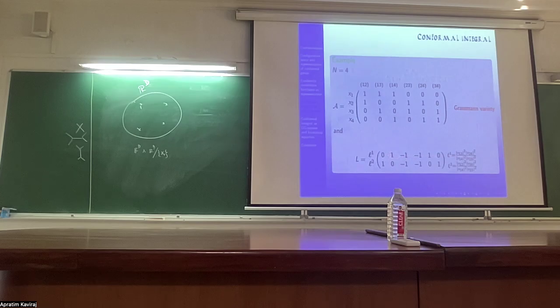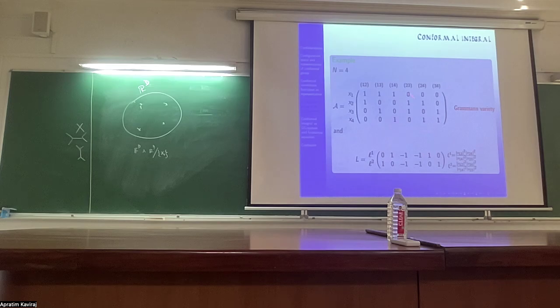L will always have this structure: a certain number of them will be positive one, a certain number will be negative one. So for example, here I have 1, 3 and 2, 4 going up, and 1, 4 and 2, 3 come with a minus sign, so they go down. That's the way to write a cross-ratio form. This is of course the chi-ijk's that I got.